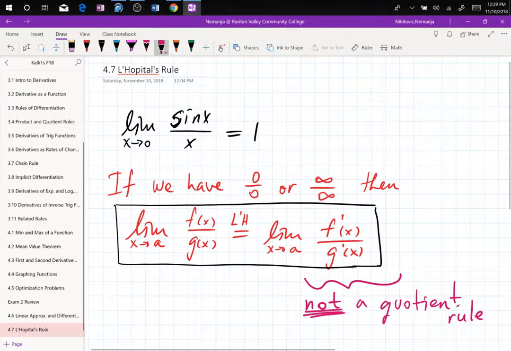So now, and by the way, we're done, right? That's it. That's L'Hopital's rule. We finished. But cases are now coming up. We are going to have 0 times infinity, infinity minus infinity, 0 raised to 0, 1 raised to infinity, 0 raised to infinity, right?